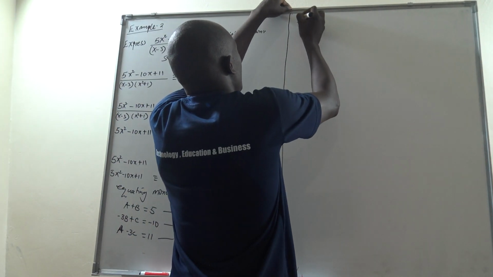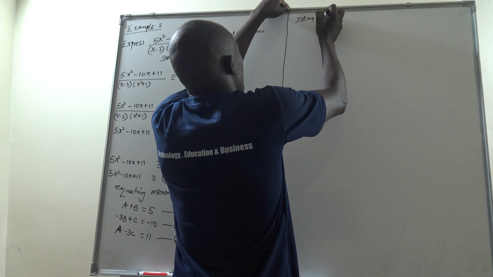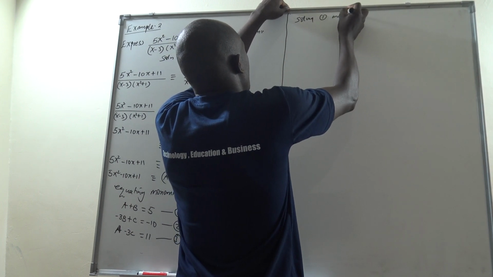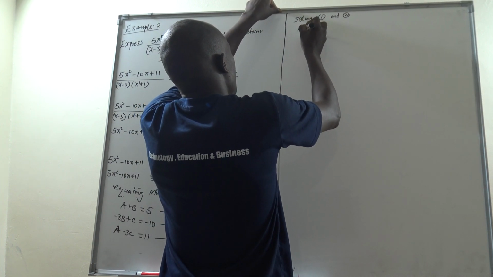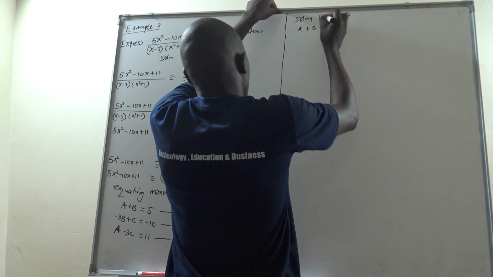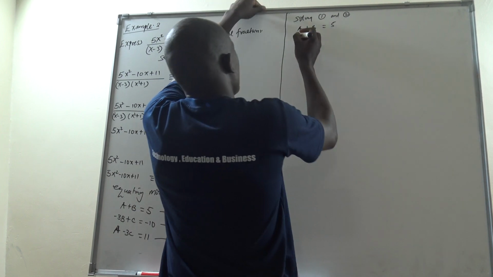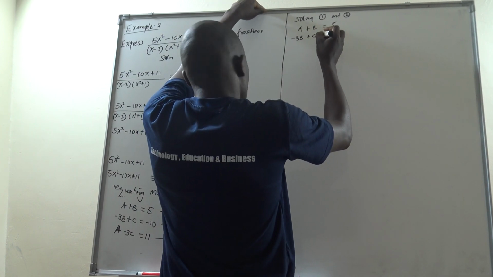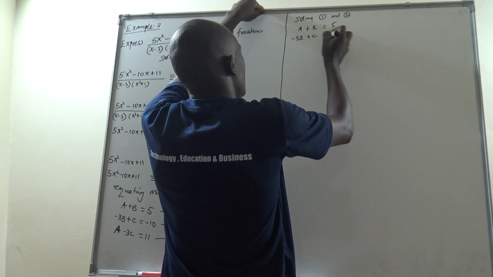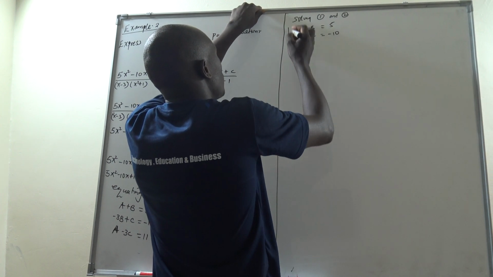I will say solving 1 and 2. So we have A + B = 5. Then another one is −3B + C = −10. So we are going to eliminate.